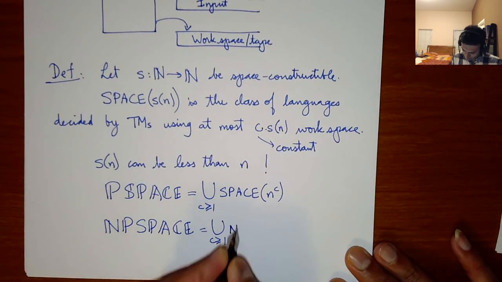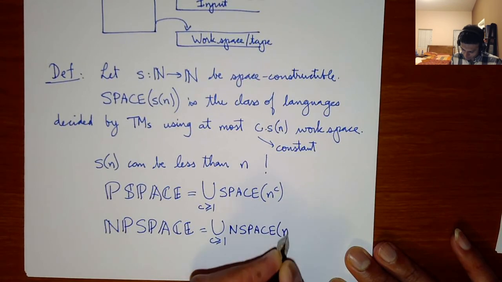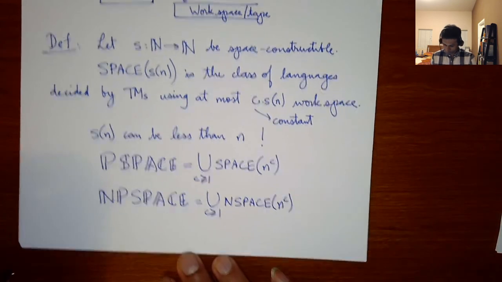Exactly in the same way. So I'll just say non-deterministic space, n to the c. This is PSPACE and NPSPACE.